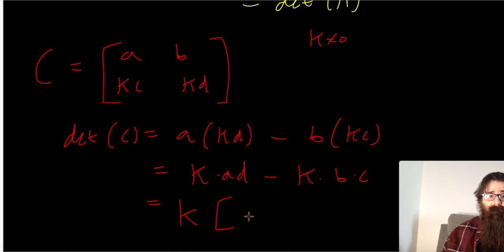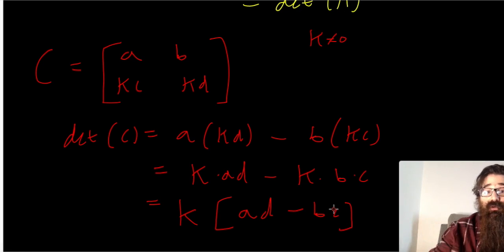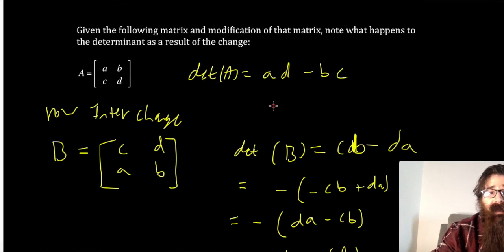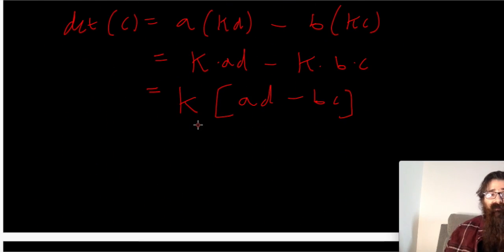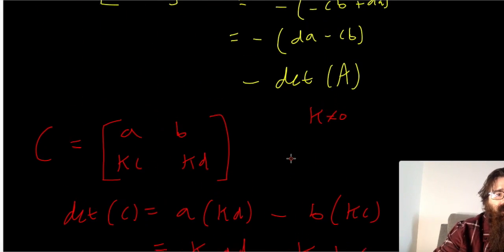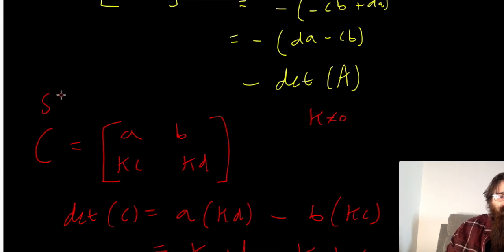That's K times AD minus BC. Now that should look familiar. In fact, AD minus BC was the determinant of A, and I have K times that. So this is K times the determinant of A.